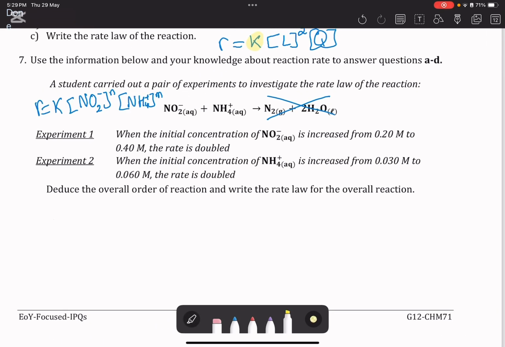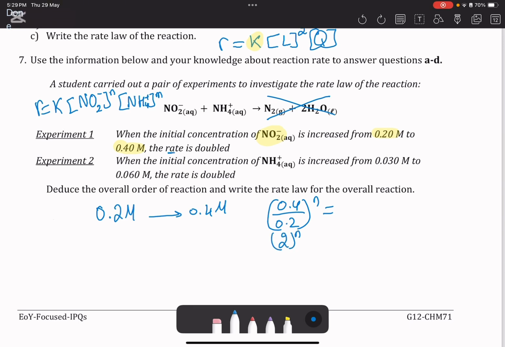When the initial concentration of NO2 minus is increased from 0.2 to 0.4, that's the double. Or you can simply divide the larger number by the smaller number, that is equal to 2. So they said that the rate is doubled, times 2. So I'm going to write here 2 to the power of N equal to 2, therefore, first order with respect to NO2 minus.